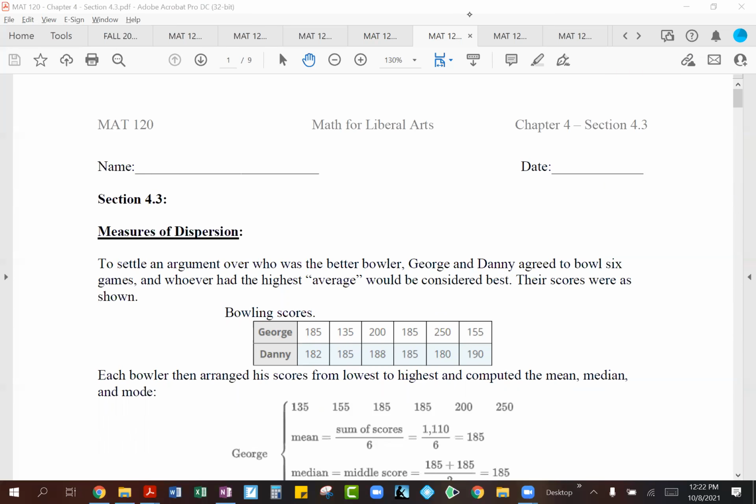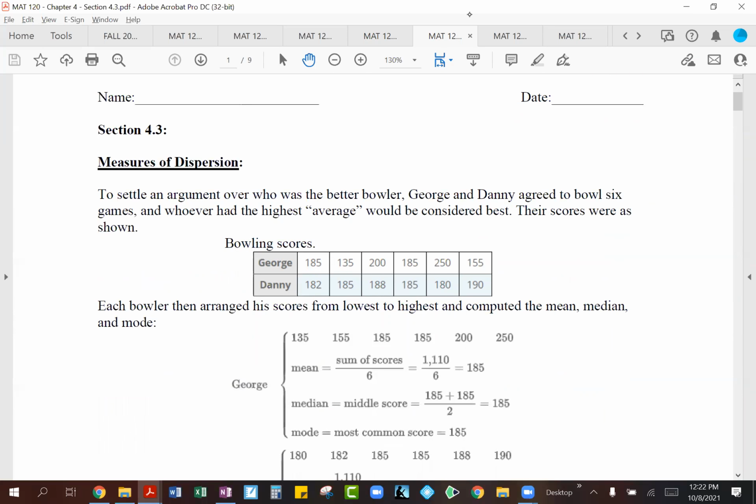So if you look at this example over here, to settle an argument over who was the better bowler, George and Danny agreed to bowl 6 games, and whoever has the highest average would be considered the best. Kind of like the example they asked us in the last section, who is the best professional football player. So they go ahead and do their 6 games.